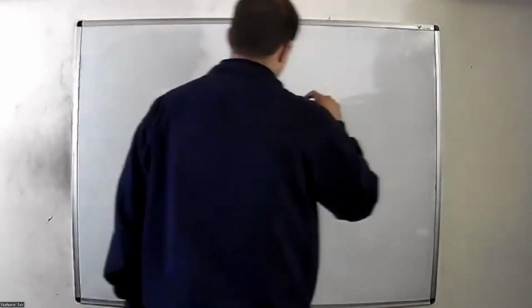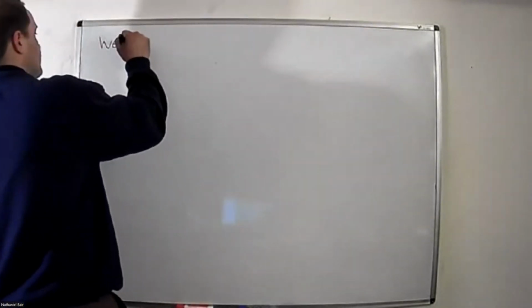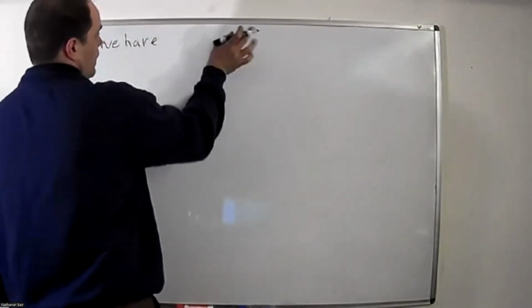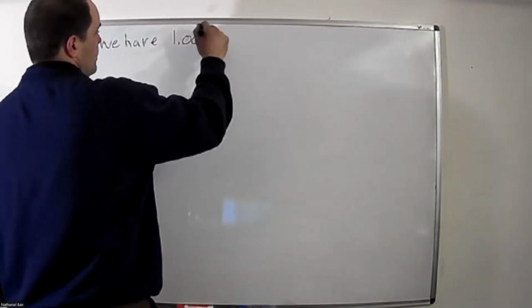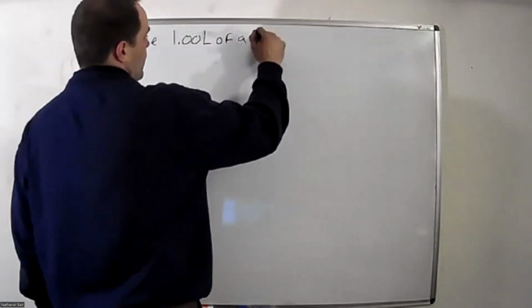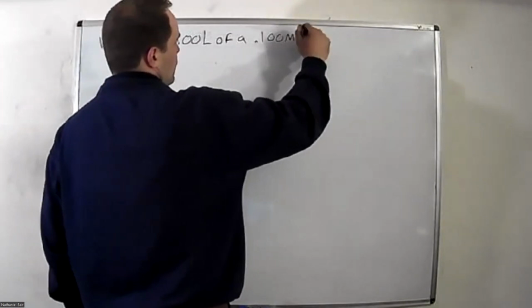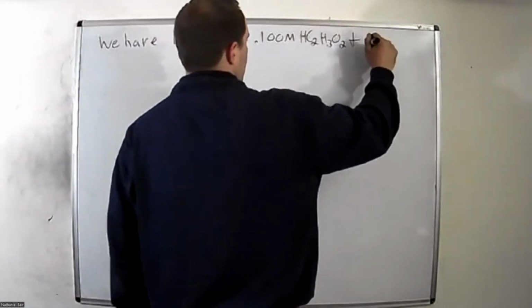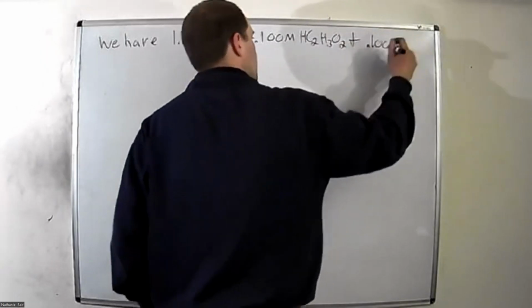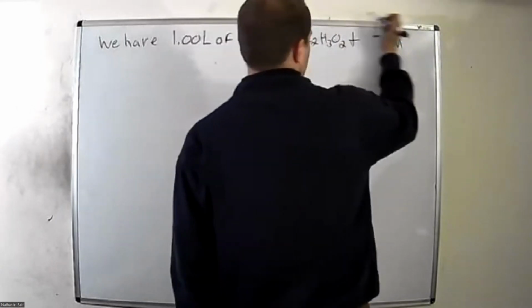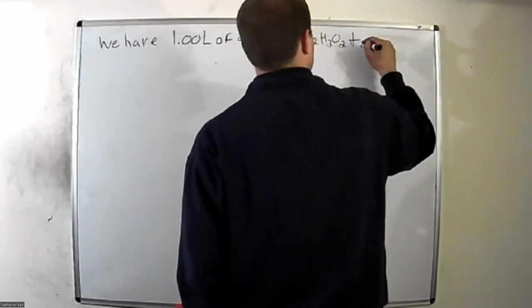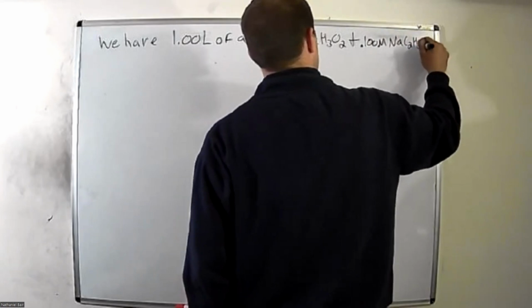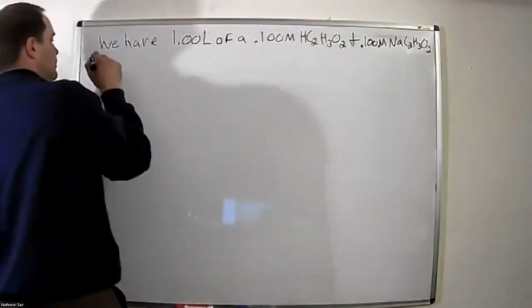Let's define our buffer. So we have 1.00 liters of a 0.100 molar acetic acid and 0.100 molar sodium acetate buffer.